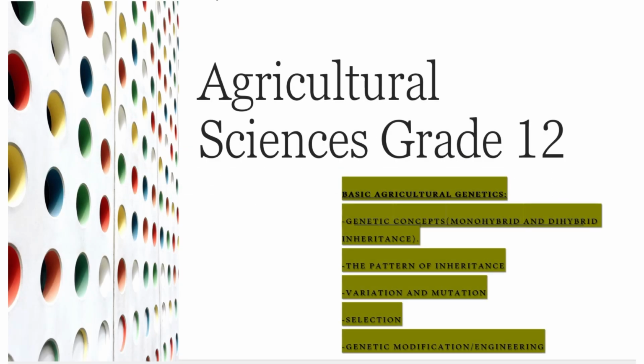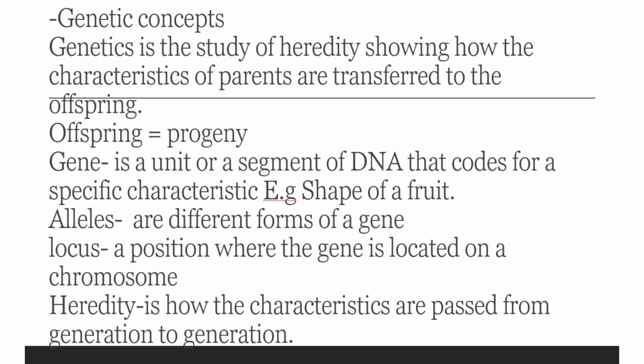We will look at genetic concepts, monohybrid and dihybrid inheritance, the pattern of inheritance, variation and mutation, selection and genetic modification engineering. Okay, let's see. Genetic concepts. Genetics is the study of heredity, showing how the characteristics of parents are transferred to the offspring.